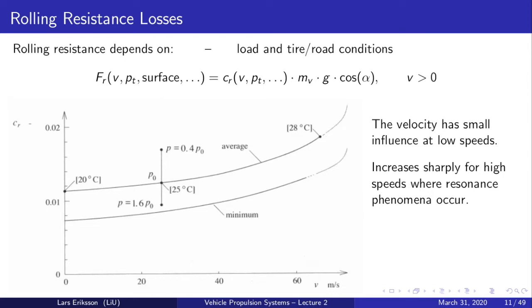For example, winter tires have lower maximum velocity than summer tires, due to softer rubber in the material. The assumption that we find in the book is that, because the curve is flat here and we're spending most of the time at low velocities, the rolling resistance coefficient is constant. But we should remember that this is an assumption.